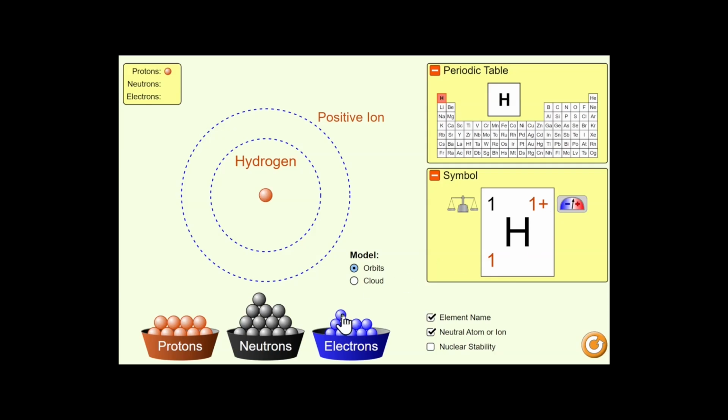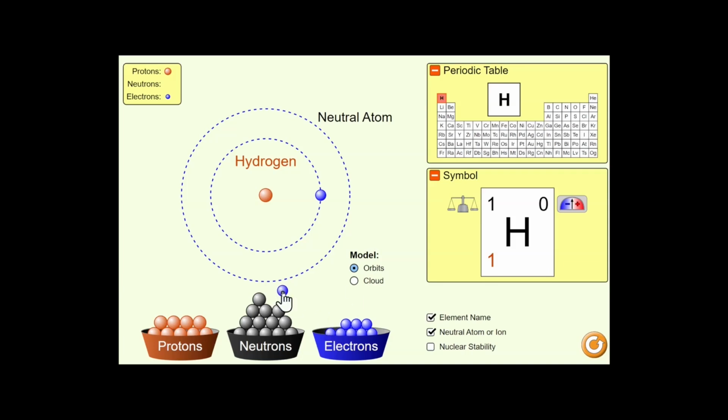If I have an electron, put it in the first energy shell, it's now a neutral atom. Nothing changes here, but this goes to 0 because protons equals the number of electrons. It's now no longer an ion, it's a neutral atom. Again, I take it away, it becomes positively charged. I put it in, it becomes neutrally charged.